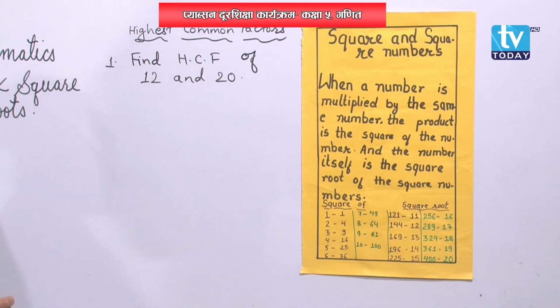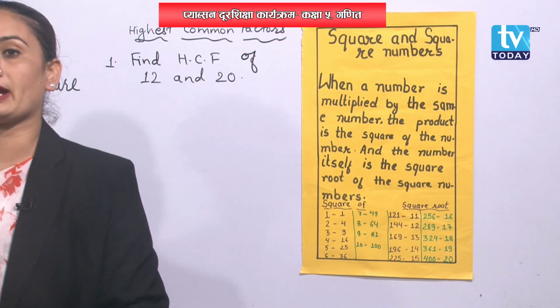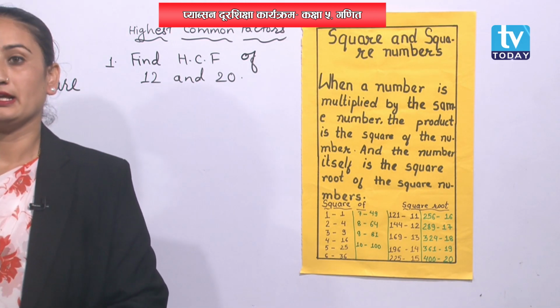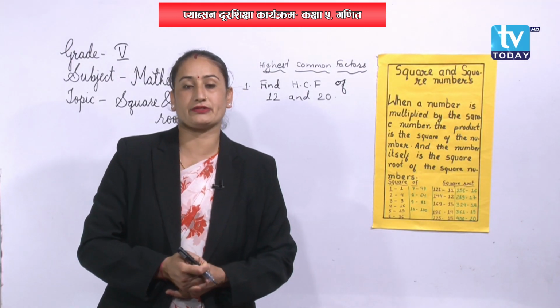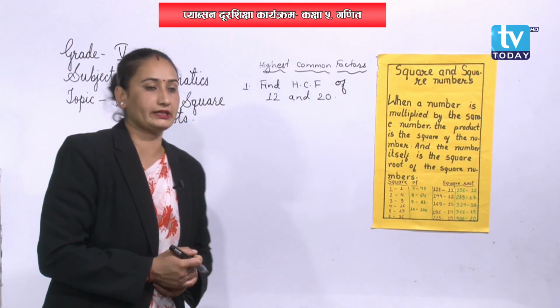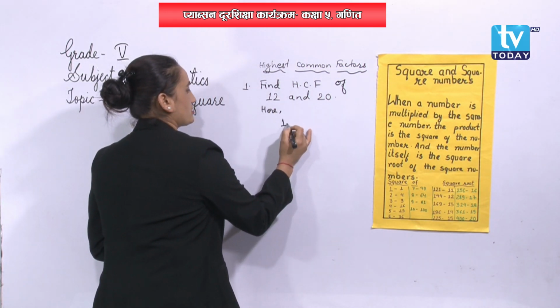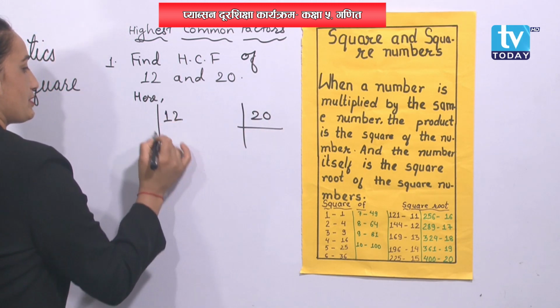Okay students, I have taught you this one through the division method, right? Now let's have a look at the division method once again. Let's divide 12 and 20 separately through the division method. Okay, ready? So let's divide it here. 12 and 20 should be divided separately.